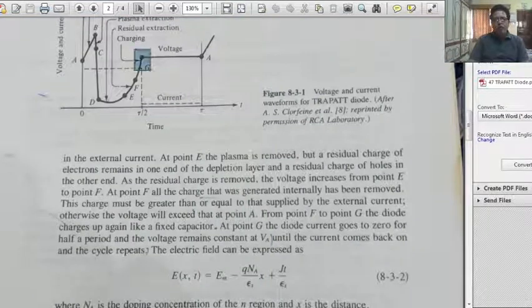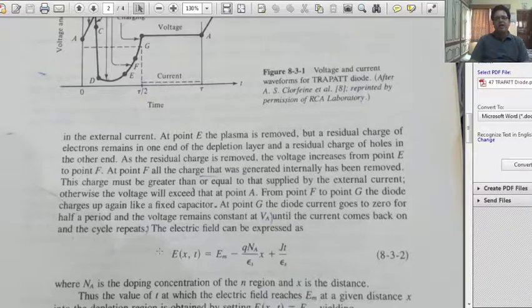What happens at G? You just see that the current is very low, approximately zero at point Z for a half period, and the voltage remains constant at VA until the current comes back on and the half cycle repeats.